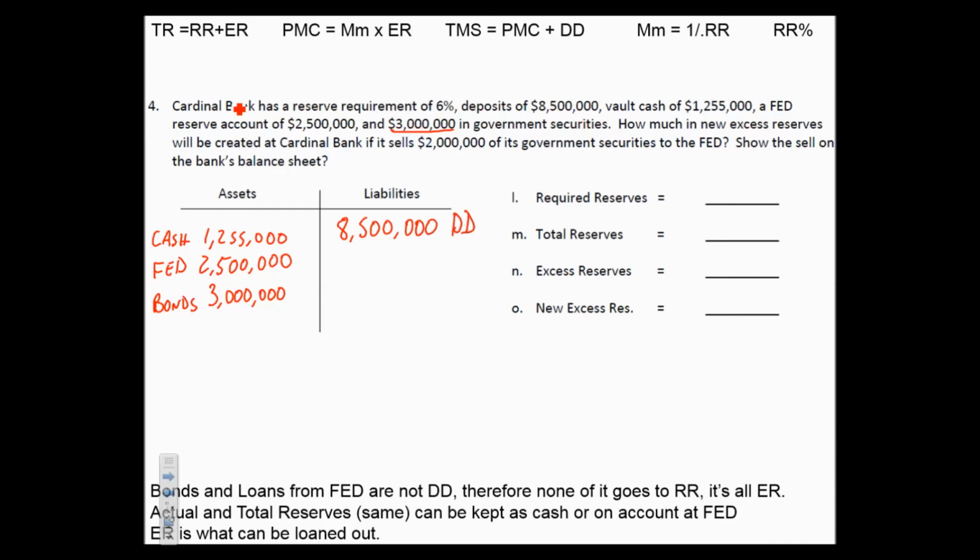So let's talk about why they would even have bonds. Okay? So at one point in time, they were given $8.5 million in deposits. Their job as a bank is to take those deposits and loan out as much as they can so that they can earn interest, right? And then they pay their depositors lower interest. So what if they didn't have enough customers taking out loans? They still want to earn interest, right? So the way they're going to earn interest is by buying bonds from the Fed or somebody or anything like that.